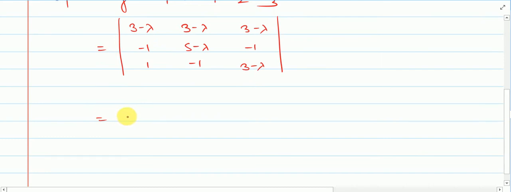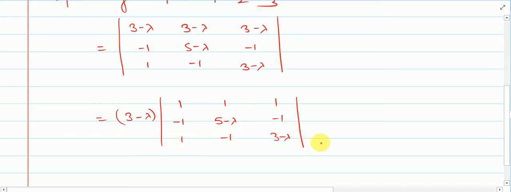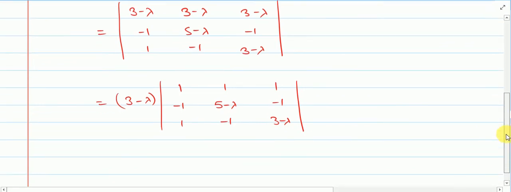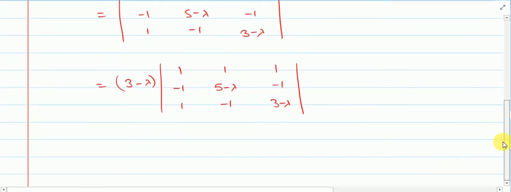So from the first row, I'm getting 3 minus lambda, 1, 1, 1, minus 1, 5 minus lambda, minus 1, 1, minus 1, 3 minus lambda. Now here you see that the first row has got all the elements 1.